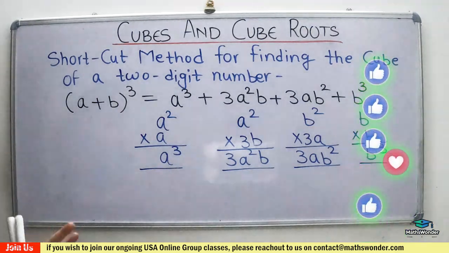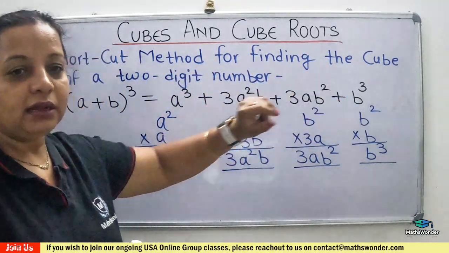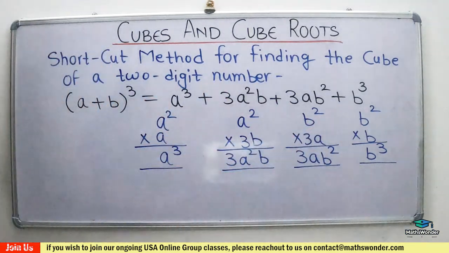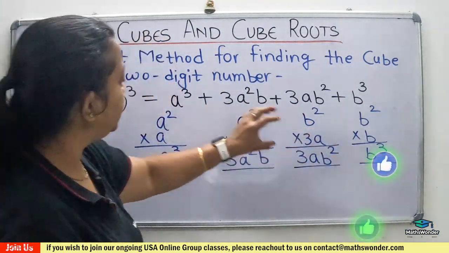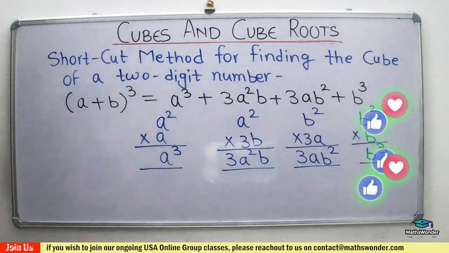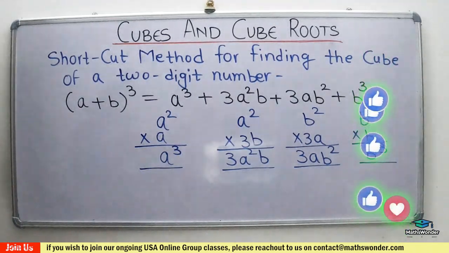We have separated these 4 terms in this breakdown of the identity. Now see the question. I am explaining with an example so you will understand better.